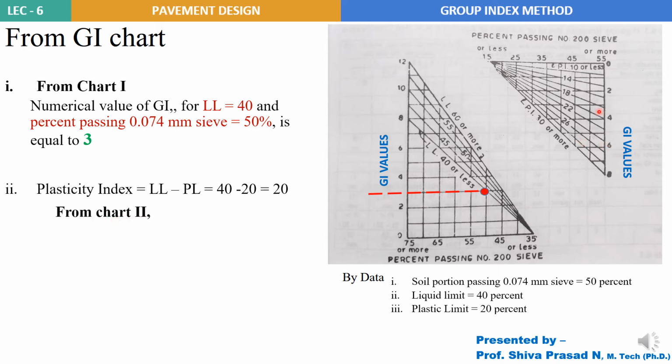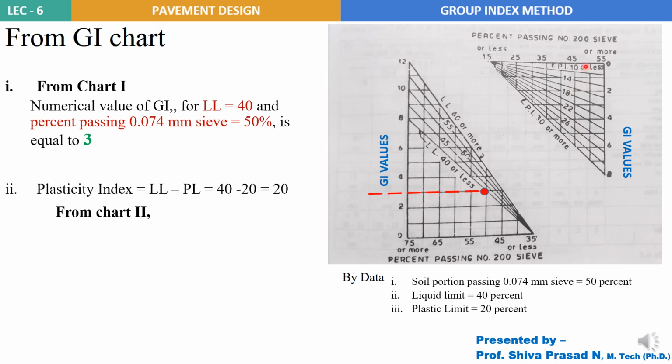Here again the x-axis represents the percentage passing: 15, 20, 25, up to 55. The problem asks for 50% passing, and the plasticity index we obtained is 20.